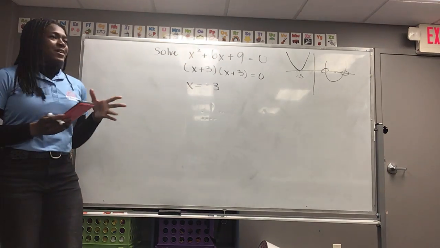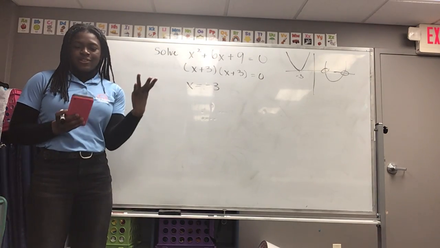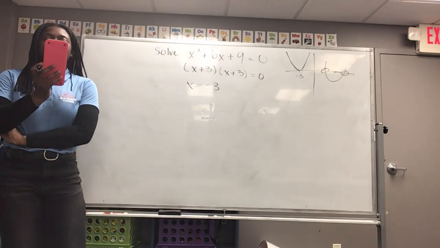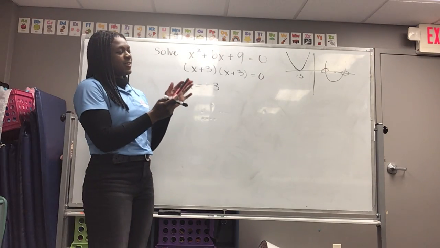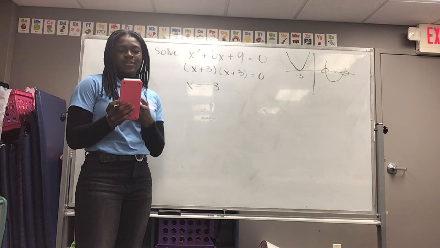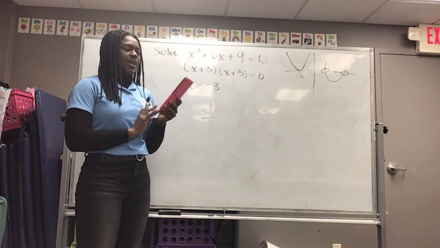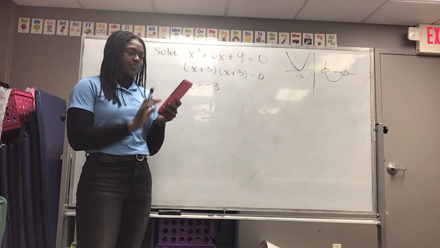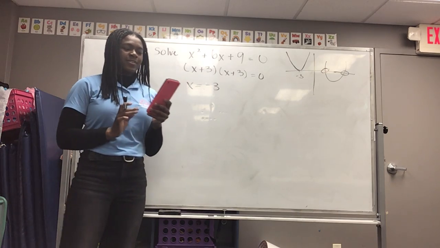Remember when the question said to look for the solutions or the zeros or the roots? You should have a chart where it says value, zero, minimum, maximum. Because we're looking for the zeros, which are the same as the solutions, you want to scroll down to number 2 and press enter.